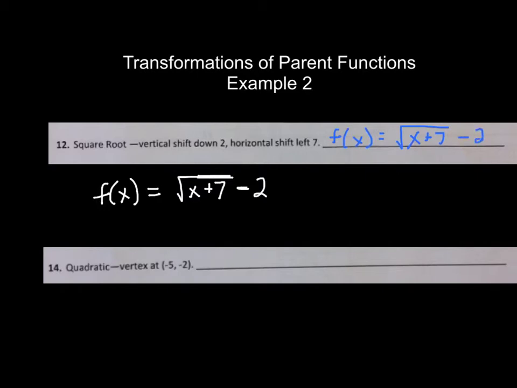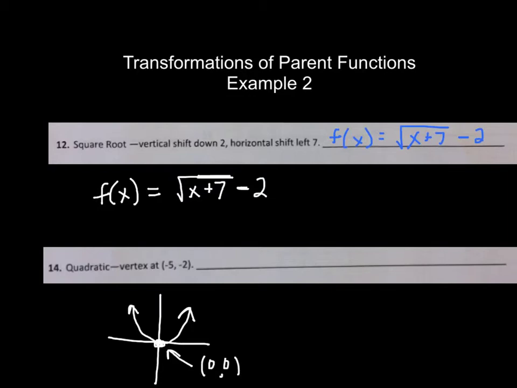Okay? Last one. We have a quadratic now. Here's our usual quadratic. A quadratic is just our parabola. Where's that vertex right there? What is that point? 0, 0. That's the origin.